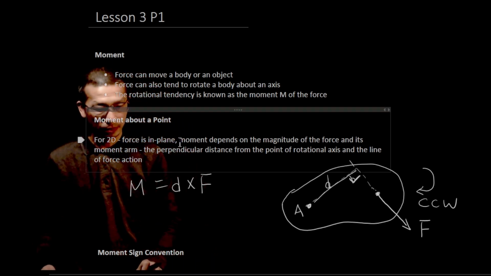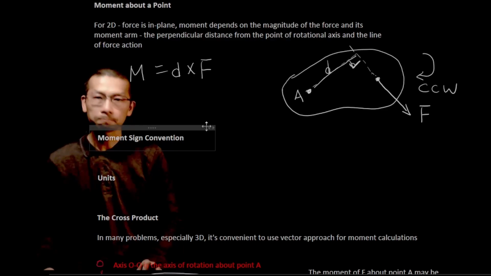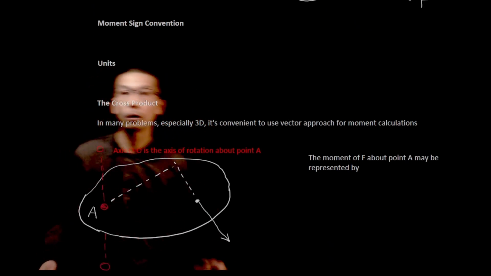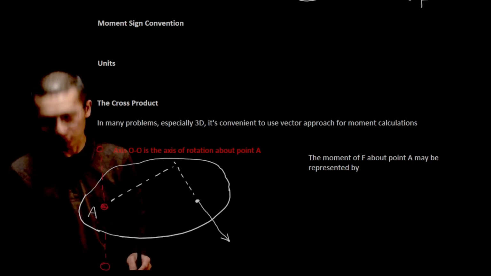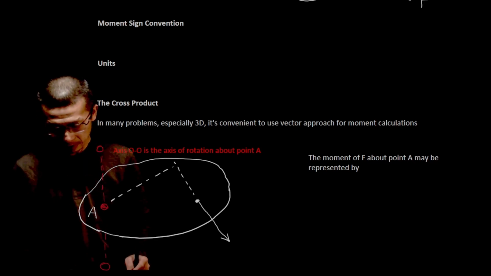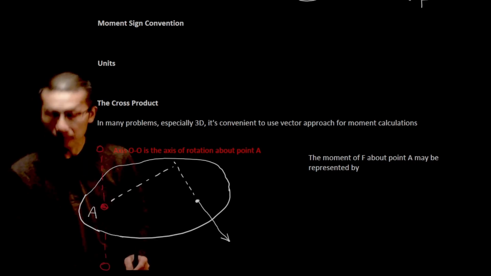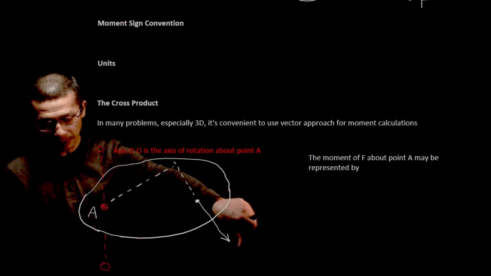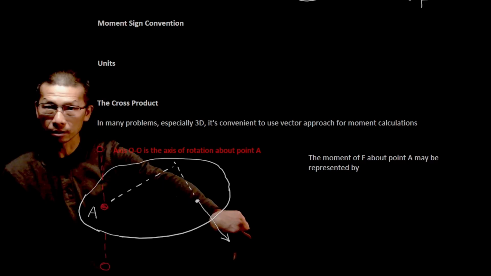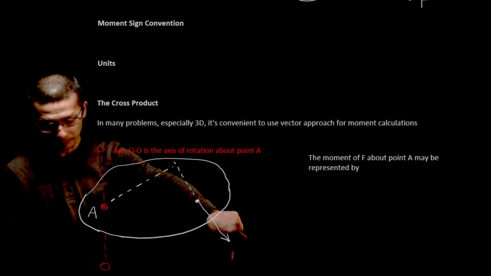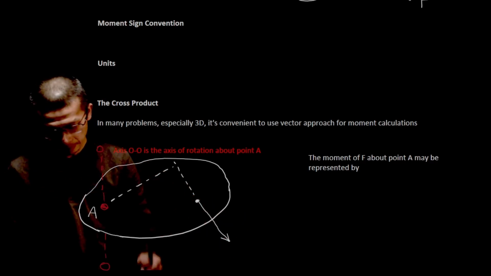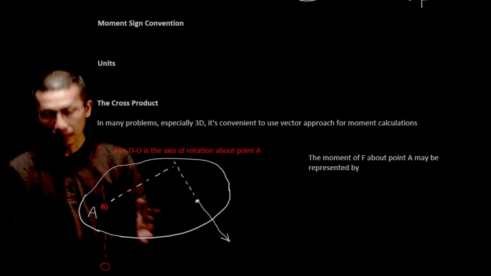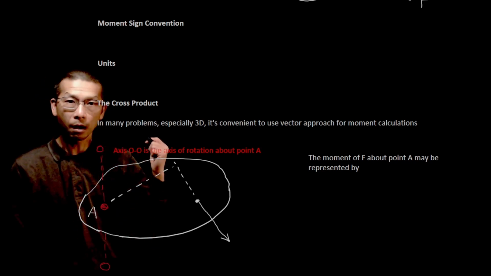Now, moment sign conventions. What would be the conventions? It depends on how we define the directions. So let's say into the page is negative, and out of the page is positive.